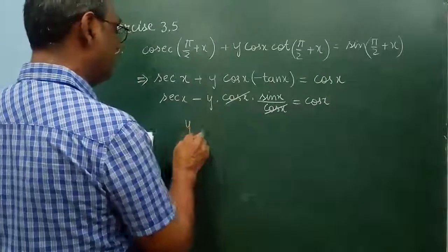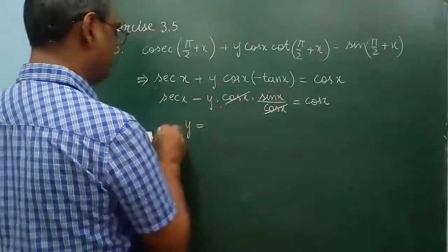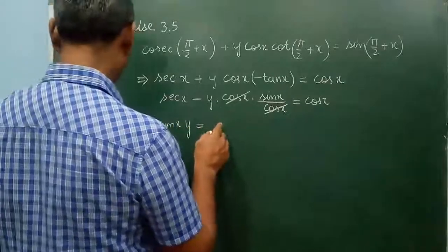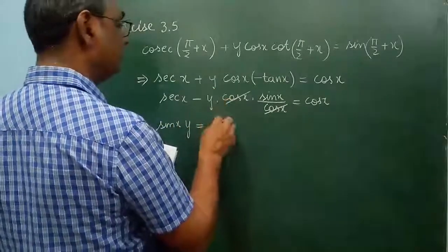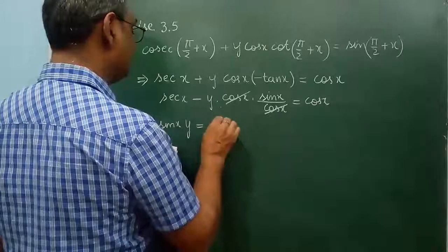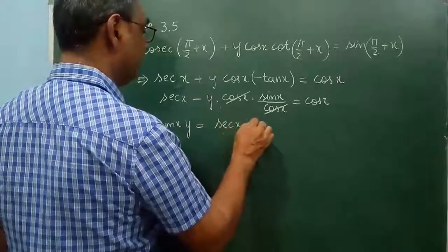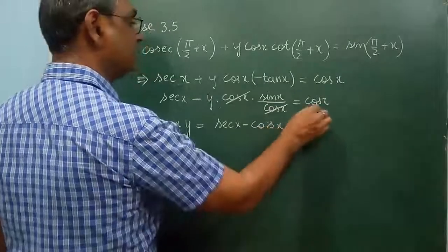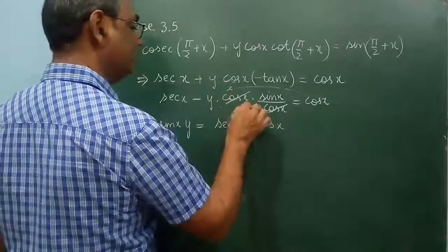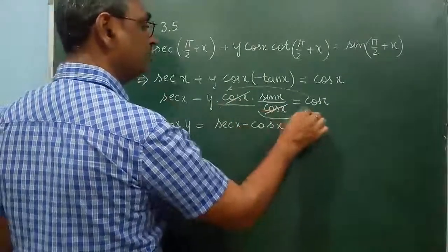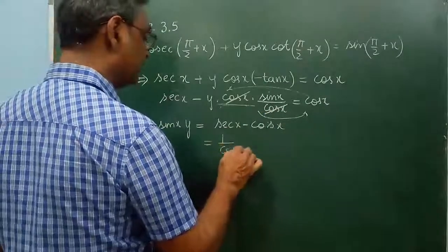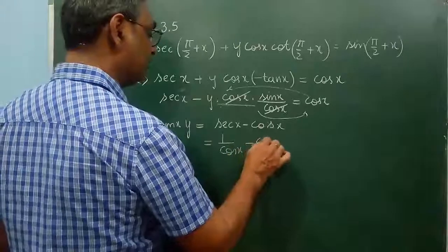So y we can take to that side. So sin x into y is equal to sec x minus cos x. Now this is 1 by cos x minus cos x.